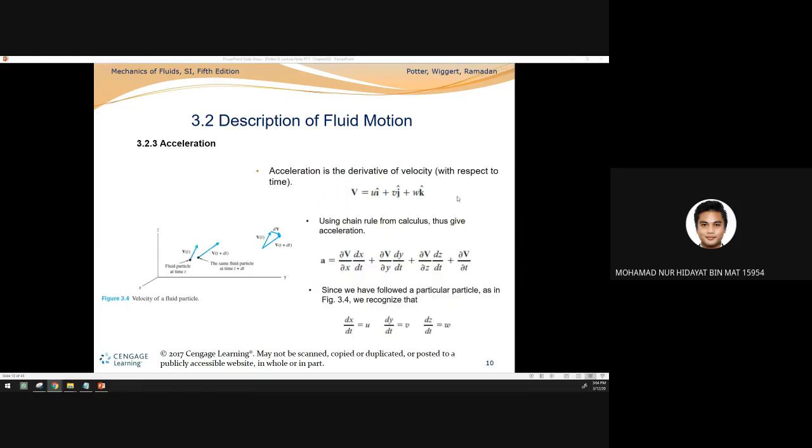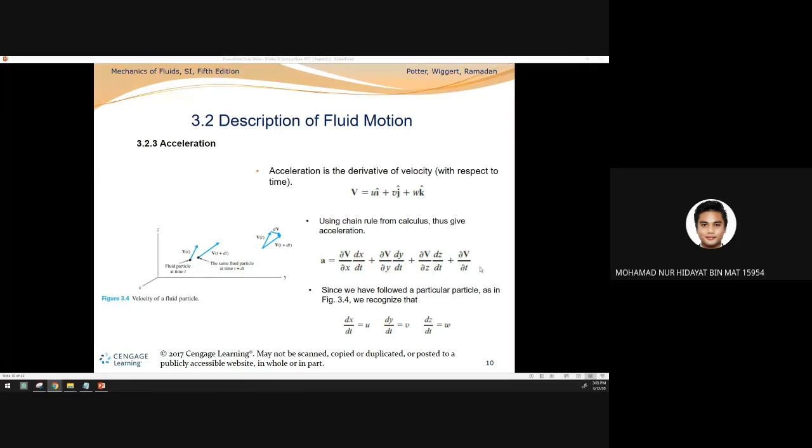So we start with the velocity. The last lecture we learned about velocity. Remember, velocity is a vector quantity that contains the magnitude and the direction. So u is the magnitude, i is the direction in the x, y, and z axes. By taking the derivative of velocity with respect to time, we get the acceleration.